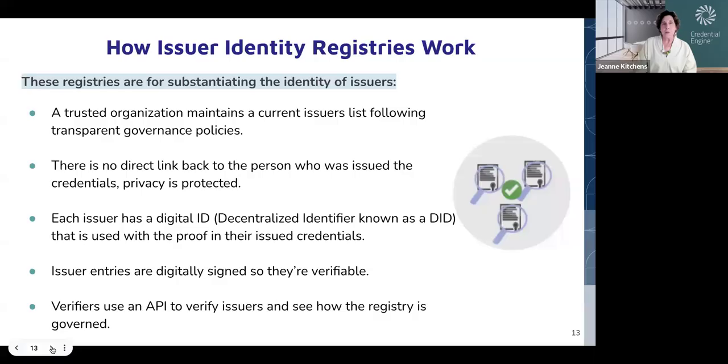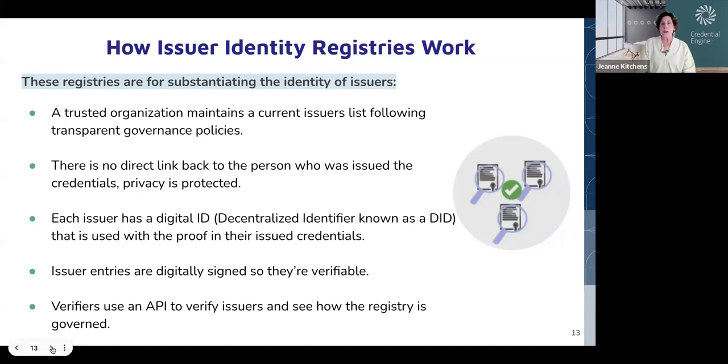Now, there may be registries out there that anyone can join and put their identifiers in, but without governance, that may be creating more friction, possibly unintentionally. So we are strongly recommending that these issuer registries have transparent public governance policies and follow standards.